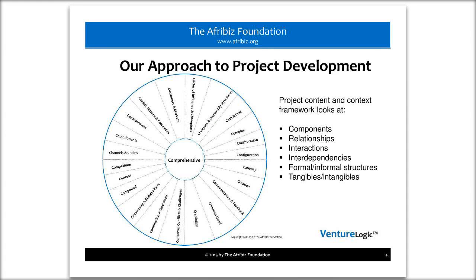So let's review our framework. First is what we call our content and context framework. We don't get into detail, but one of the things that we have found is that the project development process is similar to creating a product or a service. But project development is different in many cases in that it's very complex because you have a lot of variables.